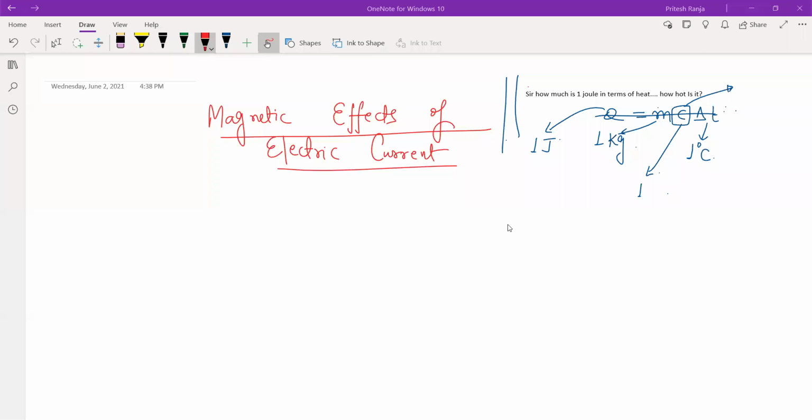You must be sure, Yashas, what you mean by different objects. I may refer to different elements or different materials, but here I am talking about different kinds of objects. For wood, 1 joule is different. For, let us say, steel, 1 joule is different. So it is irrelevant to say what is 1 joule.